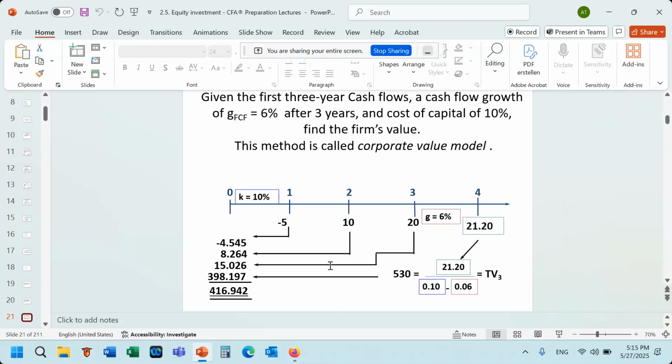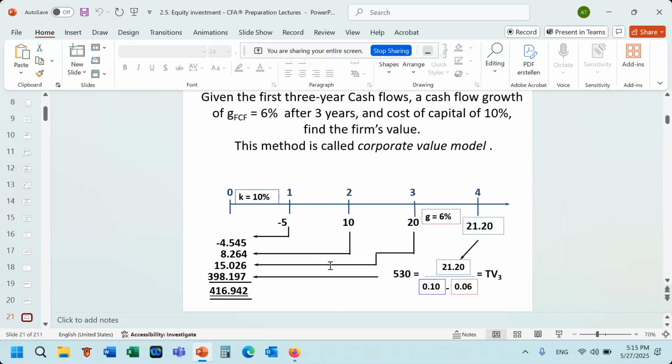So 20 multiplied by this fixed growth rate that we can also calculate, and I will do in a minute, would be 20 times 1.06, and we are assuming that the factory spits out 21.2 million as cash next period, and this growth continues every year.